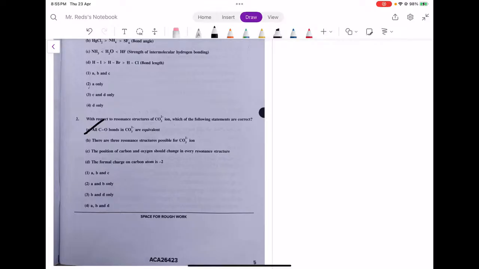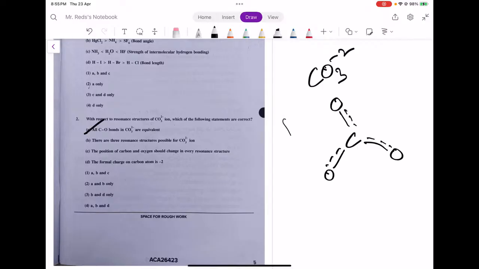Taking the CO3 2- ion: carbon, oxygen, oxygen. This one has partial double bond character. This is the structure of the CO3 2- ion.